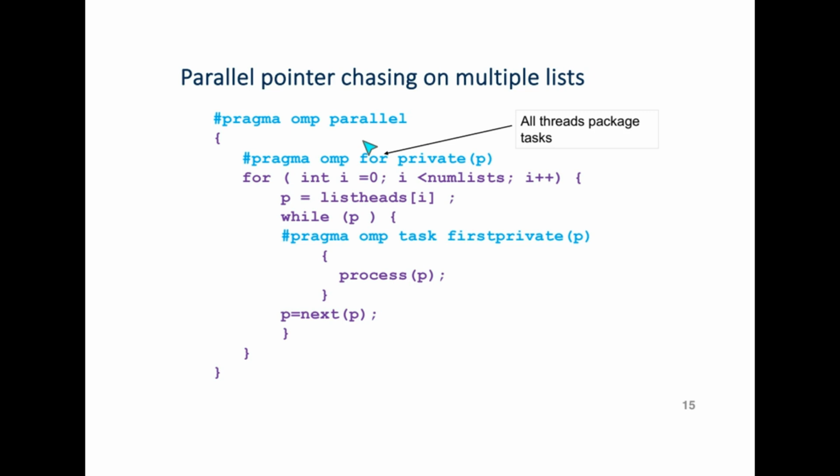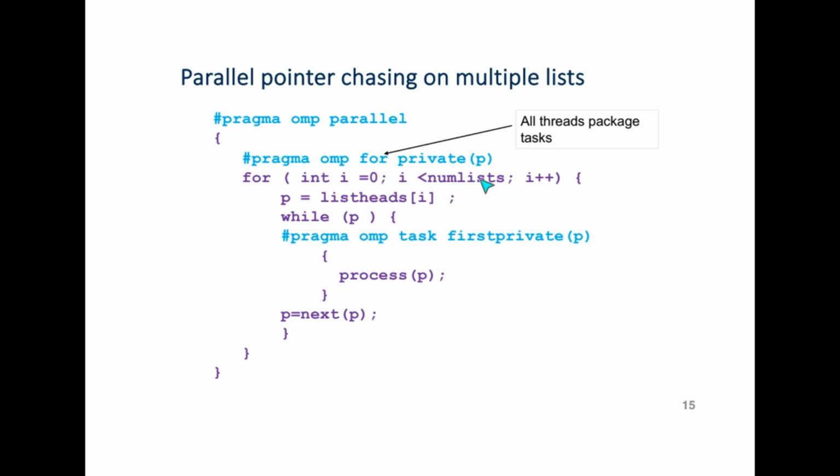So this is potentially quite a powerful idea, because tasks often help for cases where we've got very irregular parallelism. And in some sense, we've got nested parallelism here, because we've got two levels.